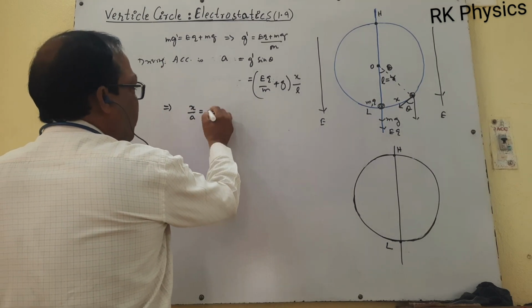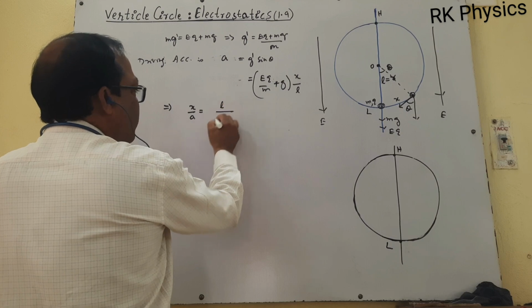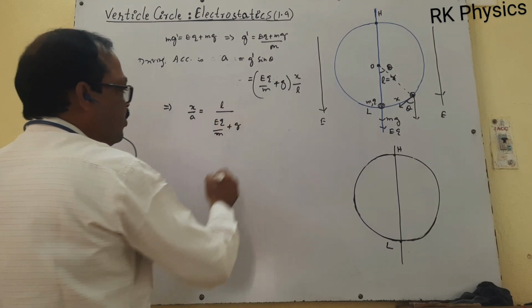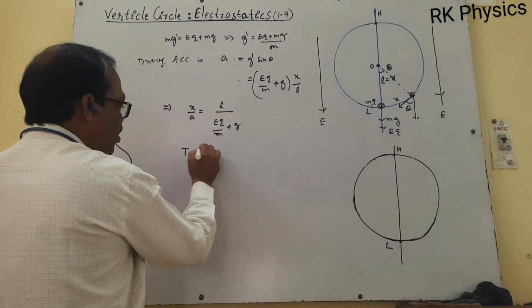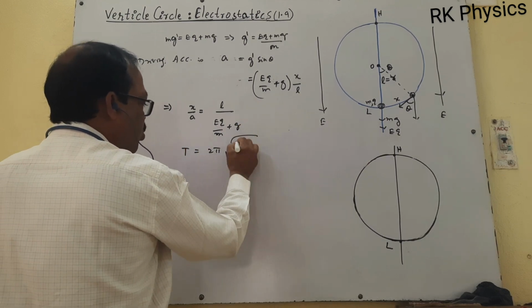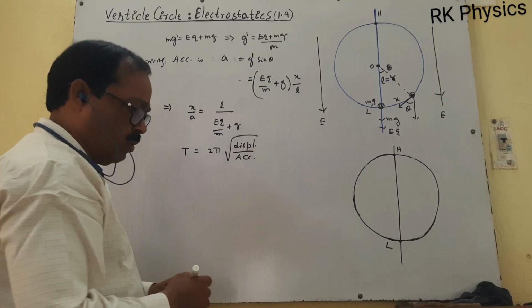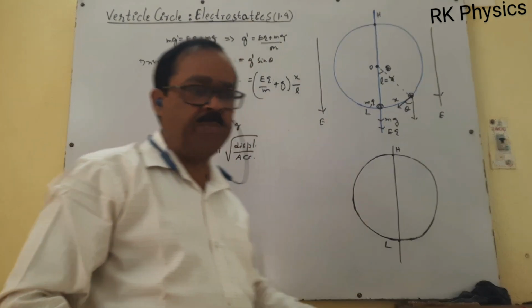x by a is L divided by (EQ by m plus g). So what is your time period? That is 2 pi root over displacement divided by acceleration. This is your time period.